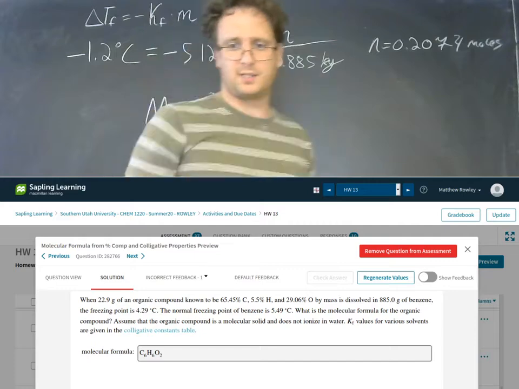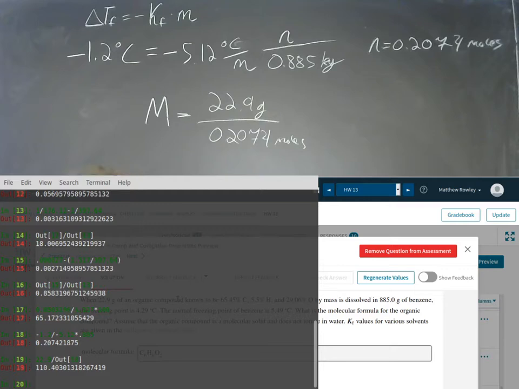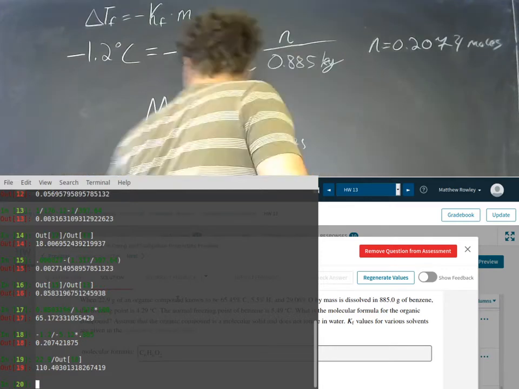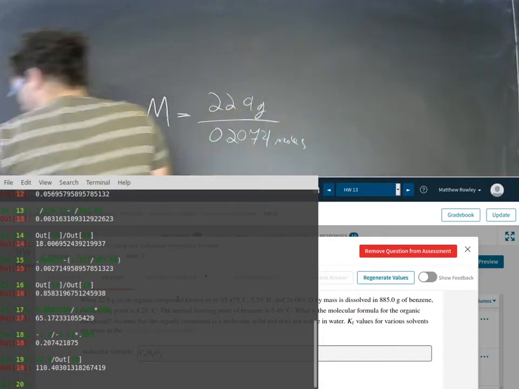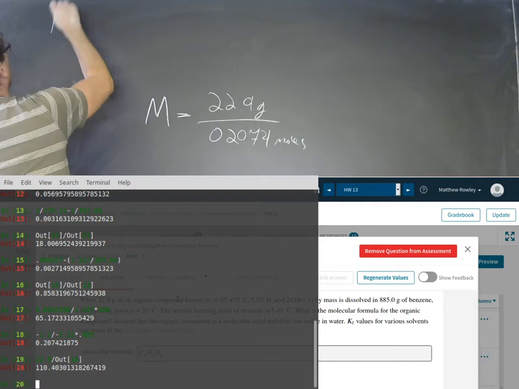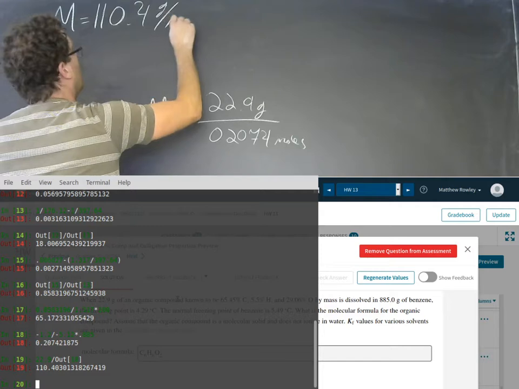That's going to give us grams per mole. So 22.9 divided by our previous answer, and it looks like our molecular weight is 110.4. I'm going to go ahead and write that up here in the corner. And we don't need the colligative properties anymore. Our molecular weight is equal to 110.4 grams per mole.